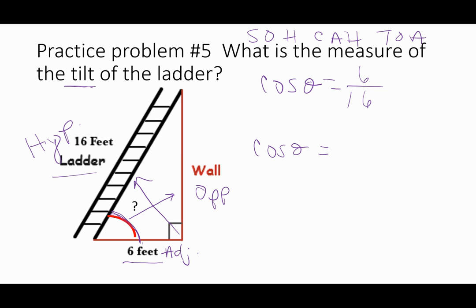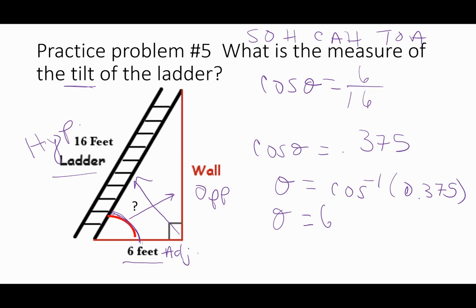So let's just put that right in there. 6 divided by 16 gives us 0.375. The angle measurement is the inverse, or the arc cosine, of 0.375. Second cosine of 0.375 gives us theta equals 68.0 degrees.